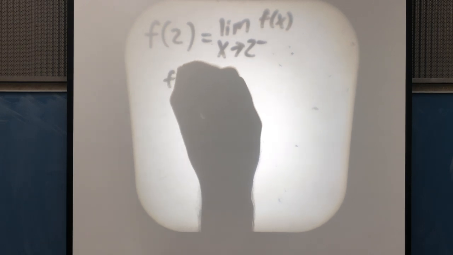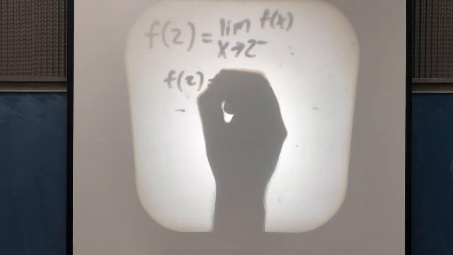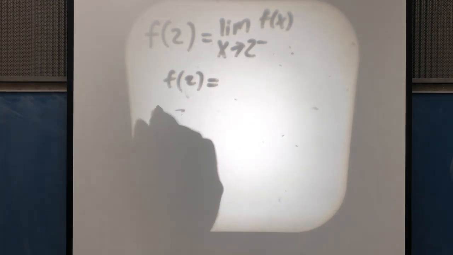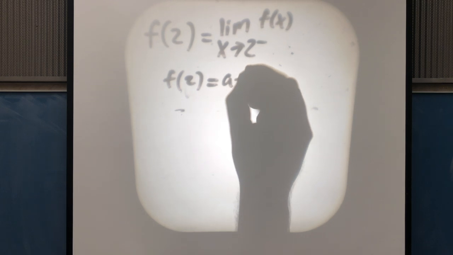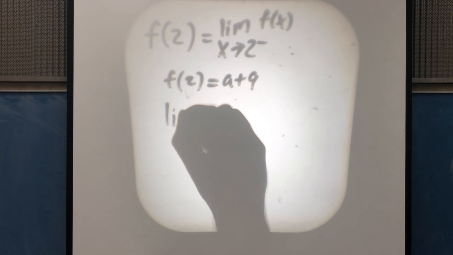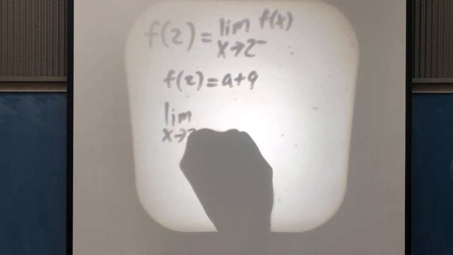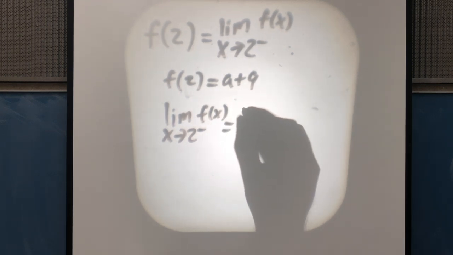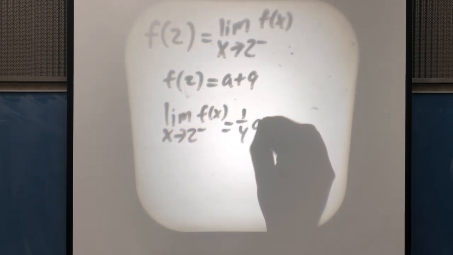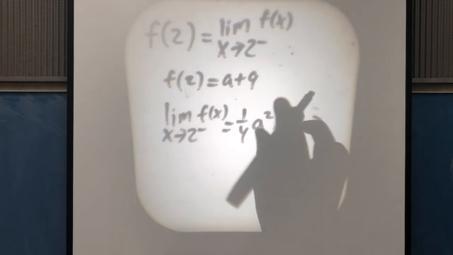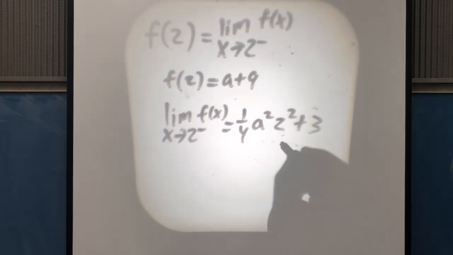Looking back at the question, f of 2 equals a plus 9, and the limit as x approaches 2 from the left equals 1/4 a squared x squared plus 3, where I plugged in 2 for x.